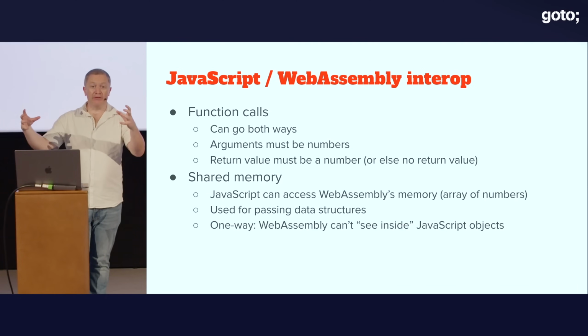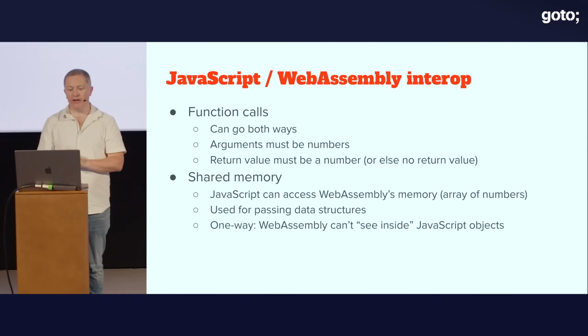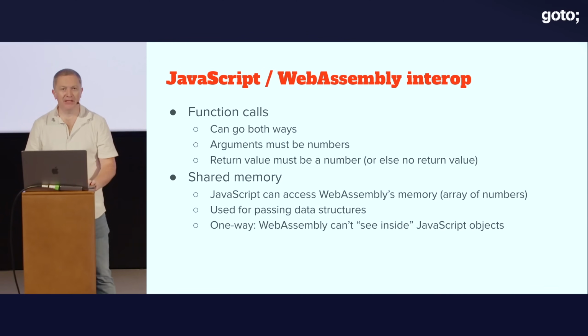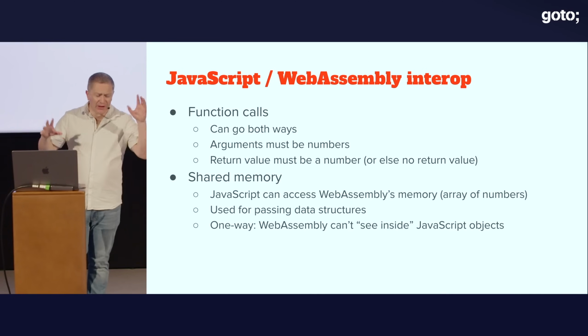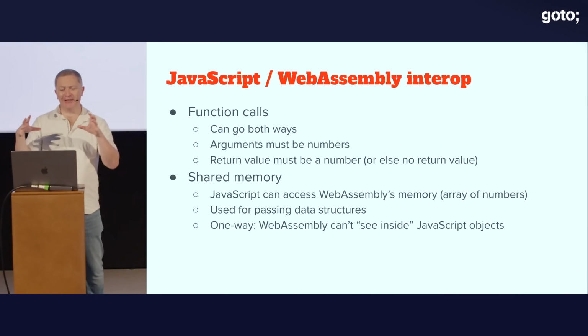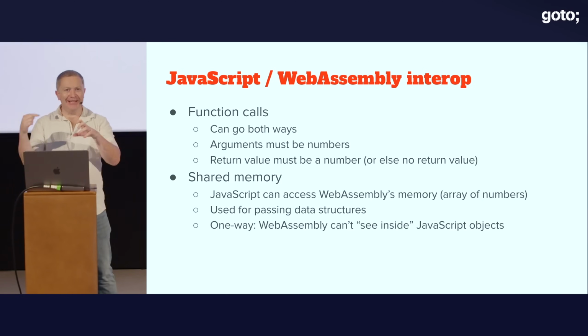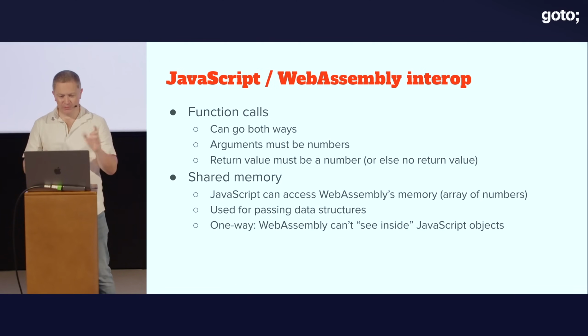It sees it just as an array of numbers. So you can read it and write into that array of numbers, and it's WebAssembly's memory. So that's how you pass data structures. By the way, that only works one way. The WebAssembly stuff can't see any JavaScript objects or look inside them. But JavaScript can look inside WebAssembly's memory.